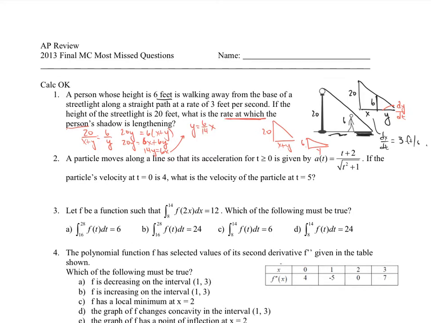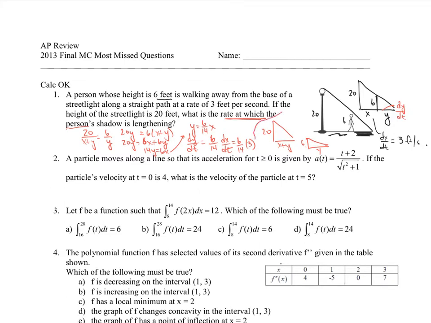So that means dy dt, at this point, if I take a derivative to find a rate, I'll get 6/14 dx dt. And I know what my dx dt is. They gave me that value as 3. So this ends up being 6/14 times 3. So we end up with 18/14 feet per second, which is 9/7.